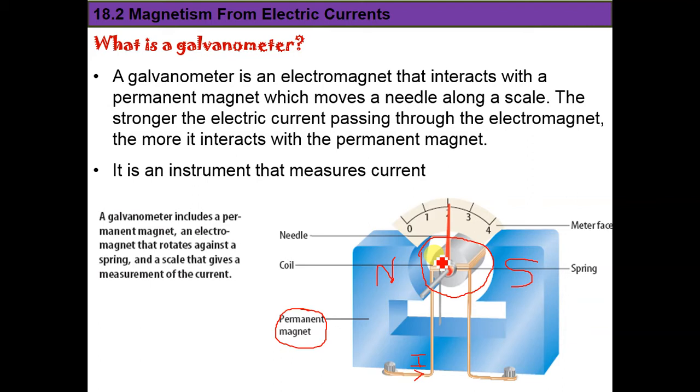As a magnet. It means it has a north pole and a south pole on the other side. So when the current flows through the coil, through the solenoid in which we inserted an iron core, this electromagnet will have a north pole and a south pole because it will work as a magnet.